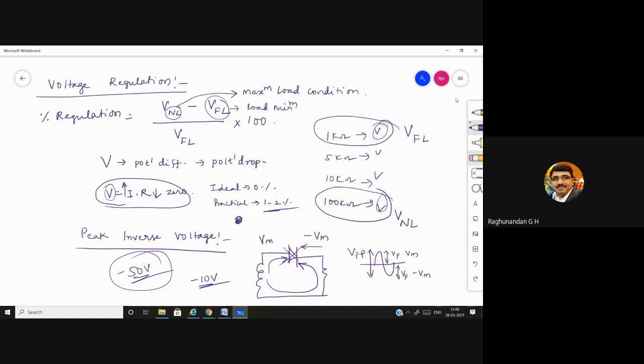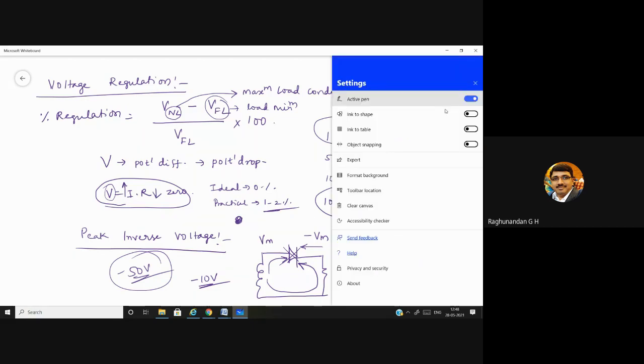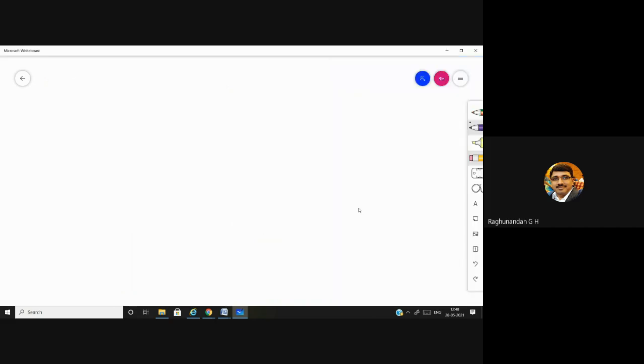After this, coming to the advantages and disadvantages. See, the advantages are that the circuit is very simple, it uses only one diode, and PIV is only Vm. And here we are not using any center tap transformer.